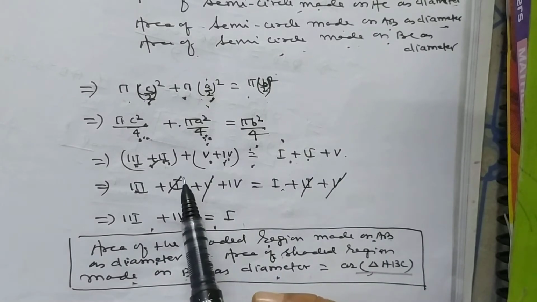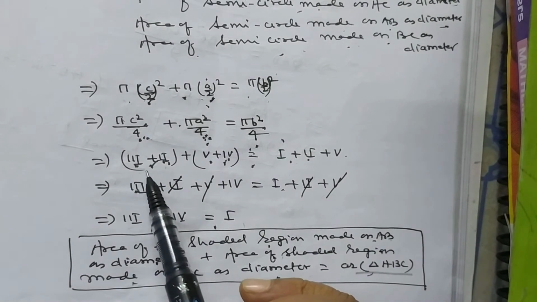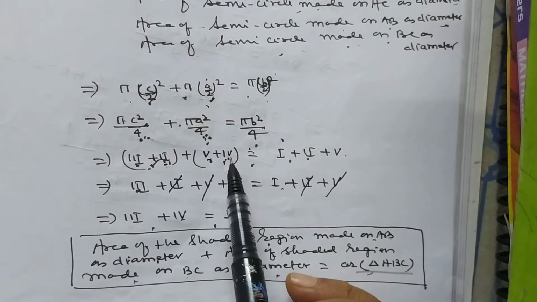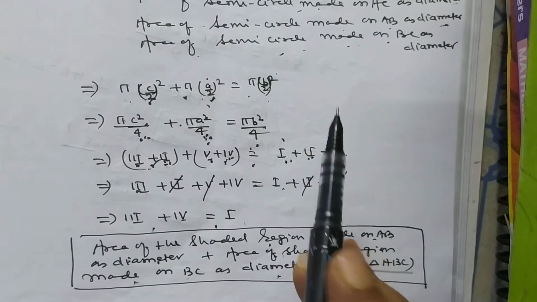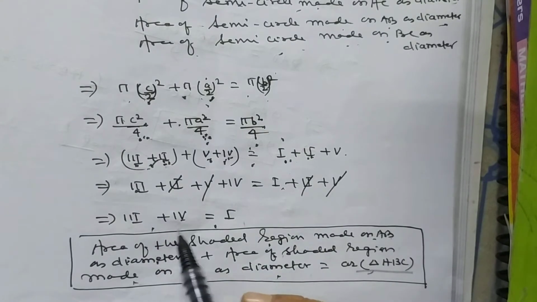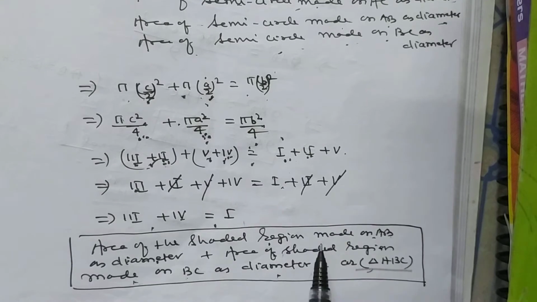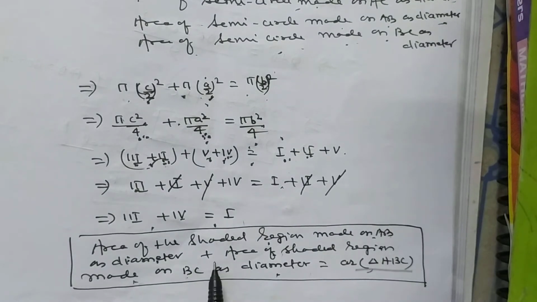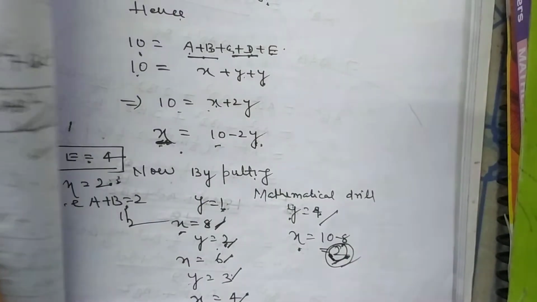And now the whole area written in terms of segments is 3 plus second, 5 plus 4, first is equal to first plus second plus 5. By cancelling the common terms, we have 3 plus 4 is equal to first. So the area of the shaded region made on AB as diameter plus the area of the shaded region made on BC as diameter is equal to the area of triangle ABC.